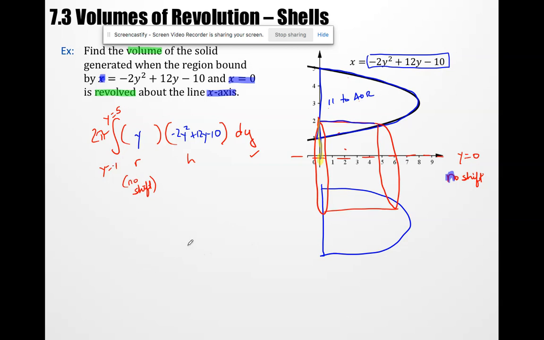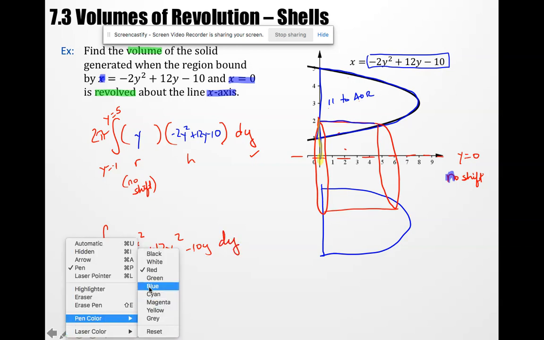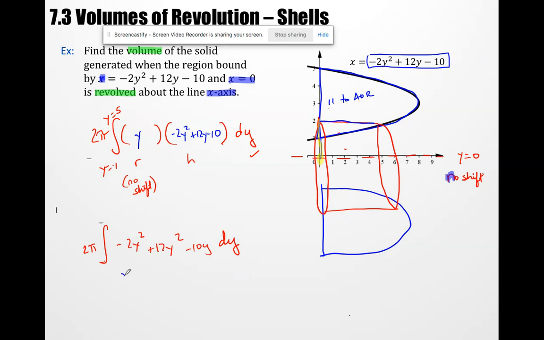This one was not too bad to do by hand, right? You would be integrating 2 pi negative 2y cubed plus 12y squared minus 10y. So you'd get y to the 4th. That's a cubed. I said cubed, but wrote squared.